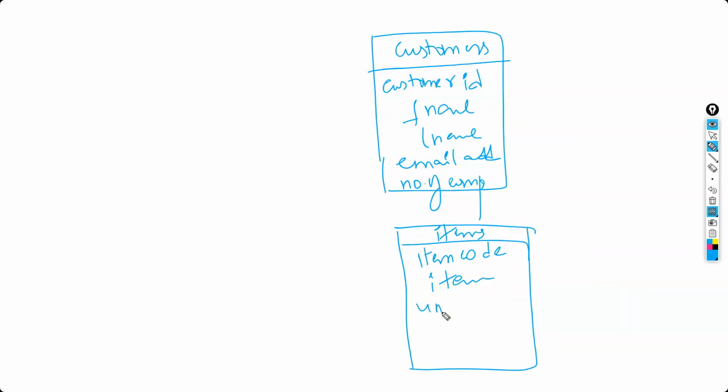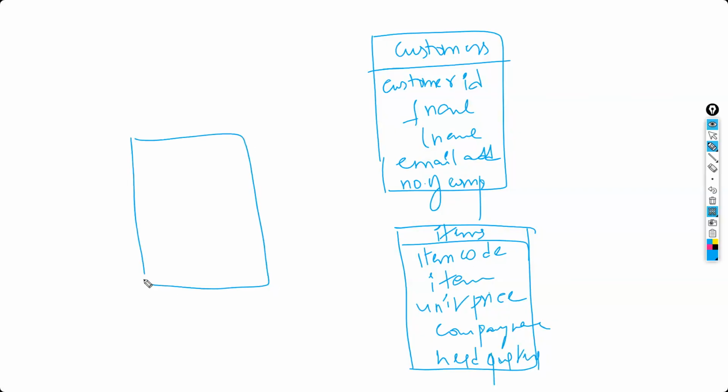Next one is unit price. Next one is company name. Company ID is not there, only company name, followed by headquarters. These are the columns. And finally, you are going to take one more table.